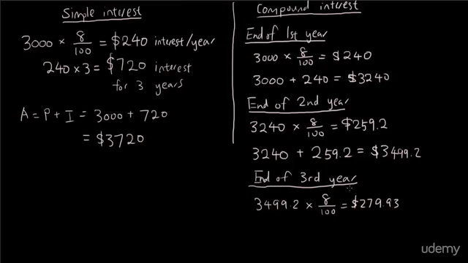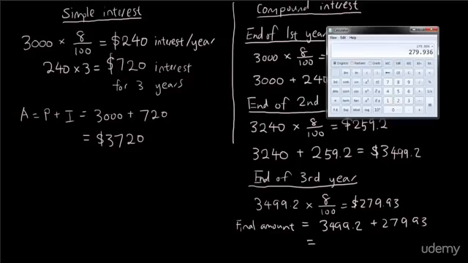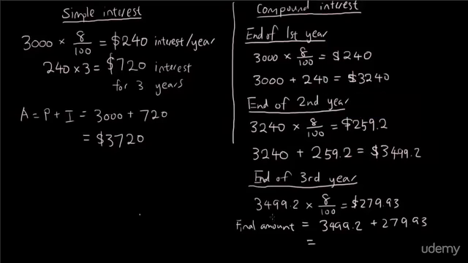And so our final amount, which is the future value, is 3,499.2 plus 279.93, which is 3,779.14.